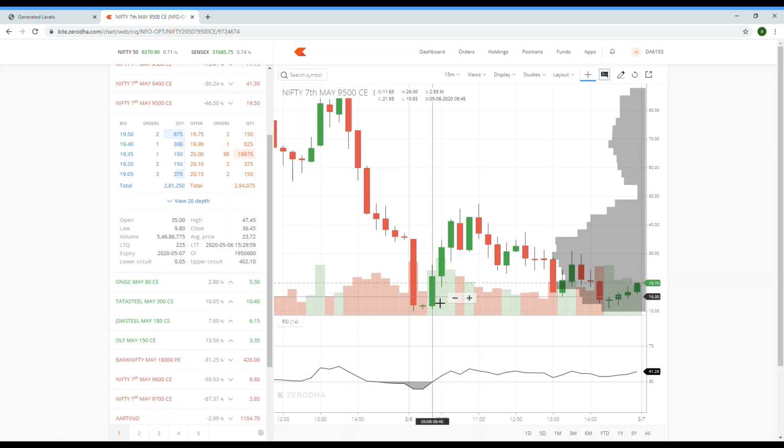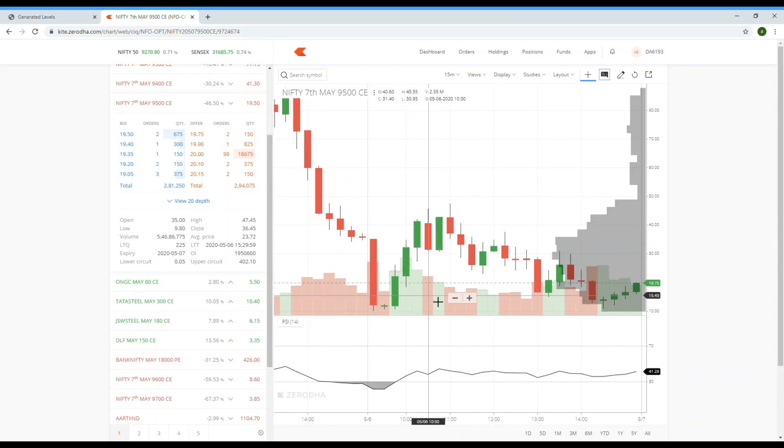For this candle, as we talked about, the entire spread is around 16 rupees. For this candle, I looked at the median range, which is around 15 or 16 rupees roughly.